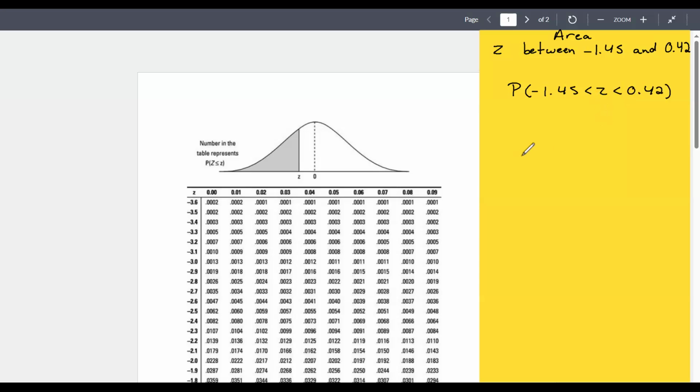Remember, areas and probabilities are the same. Assuming this is all z-scores, I want this area here. Remember, everything that my z-table does is give me an area to the left. So I need to find two areas.